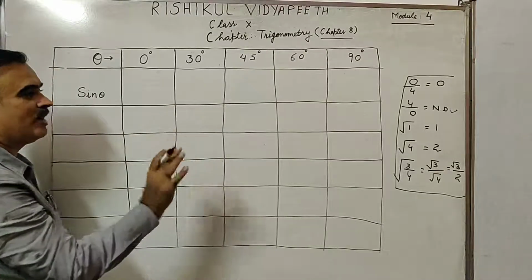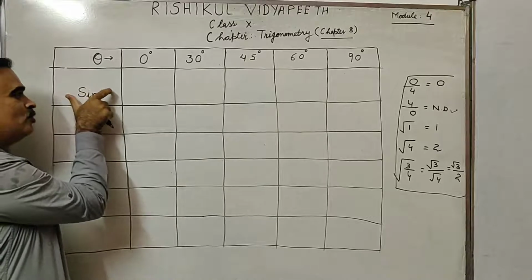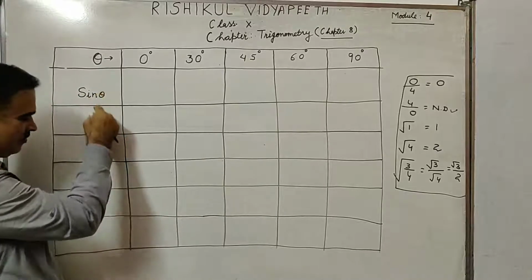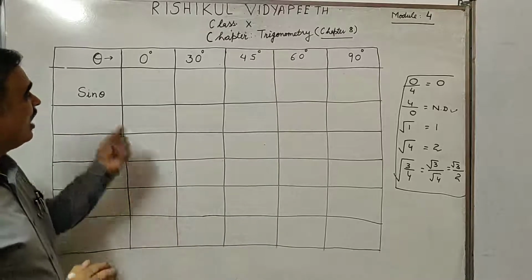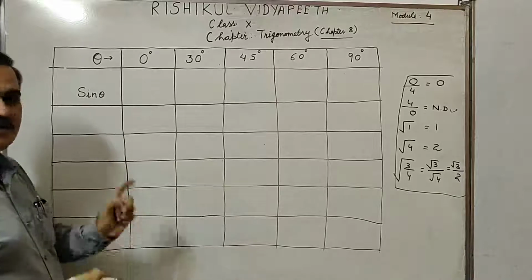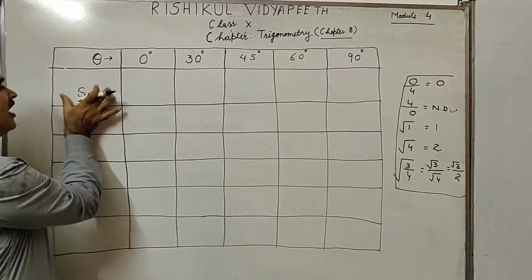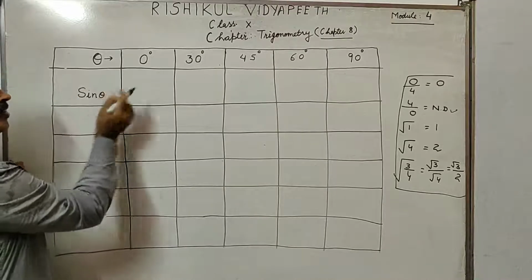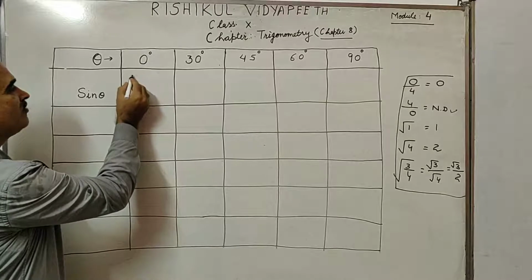Dear students, first of all I have written only one t ratio, that is sine theta. If you know this only, then you are able to do all 6 t ratios. Today I am going to tell you how you can make this table very easily. In sine theta, first of all you just write only sine theta. You write your numbering starting from 0.